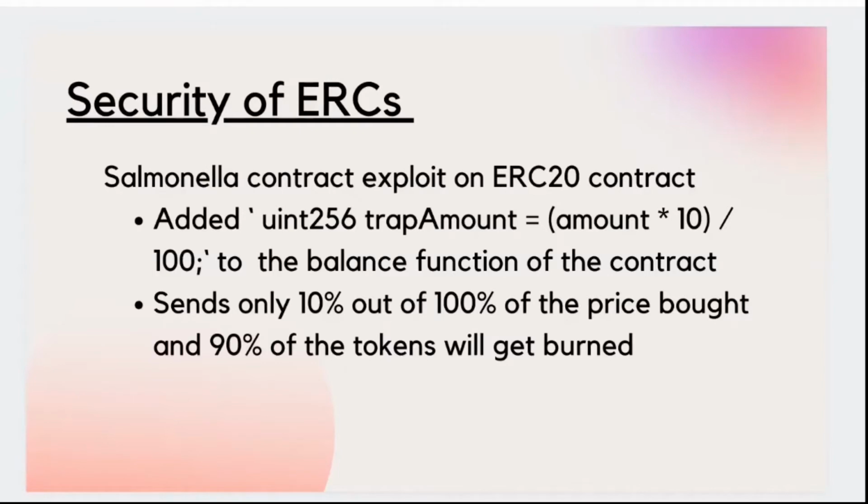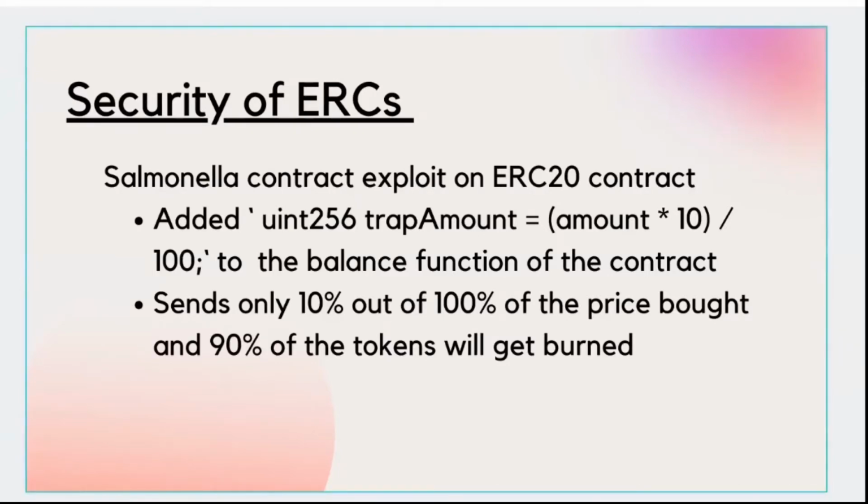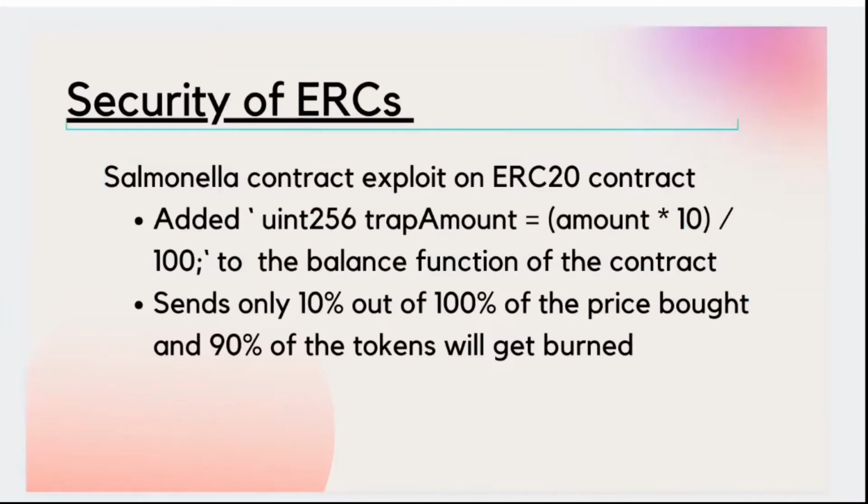Has that ever been exploited? I'm not really sure if this was a real exploit. Yes, he made a ton of money. Did they get away with it, or did people catch it? I remember that there was an exploit around this. I wouldn't want to derail the whole conversation. Salmonella really is optimized to work against sandwich bots.